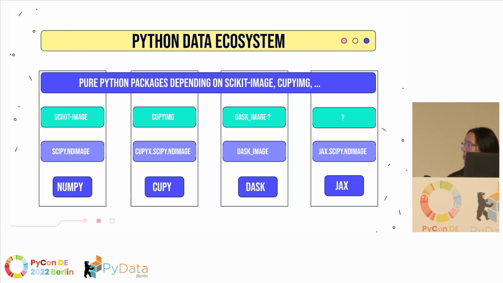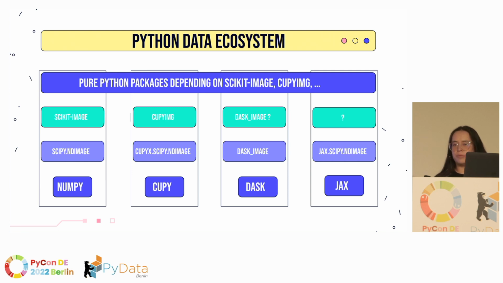In this little diagram, in the previous slide I was showing you the base array and data frame libraries that we have right now, but we have so much more than that, because we also have a lot of downstream libraries that are using those libraries to create more functionality.